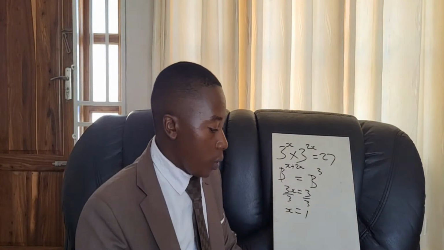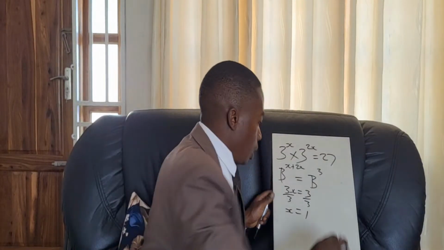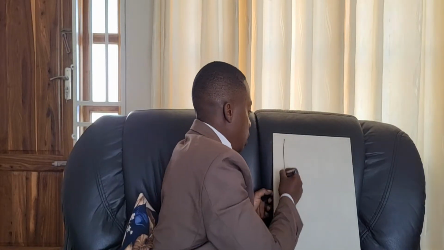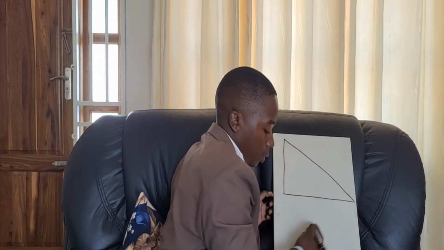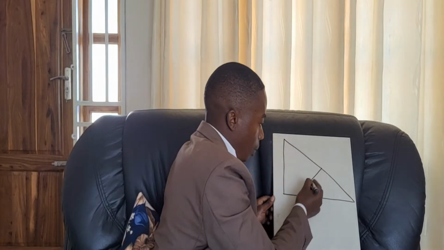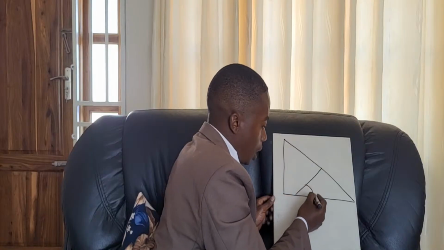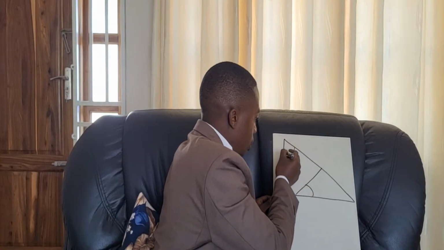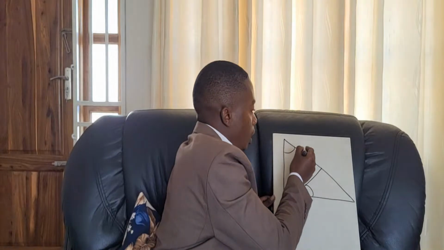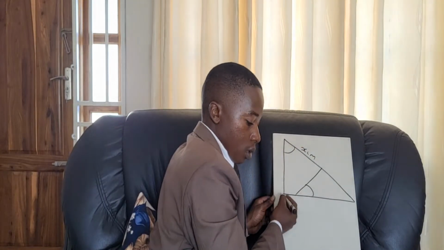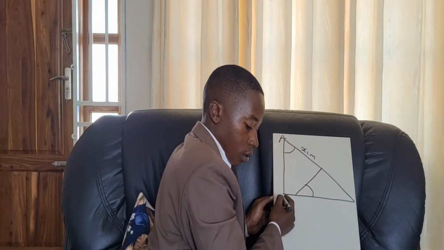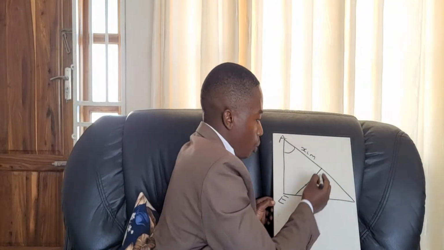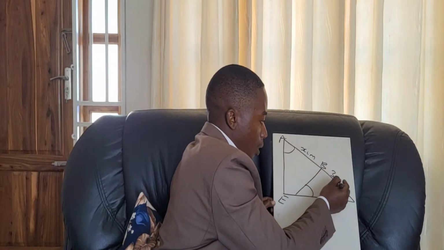Number 22 in the diagram. x centimeters, A, E, B, 3 centimeters.